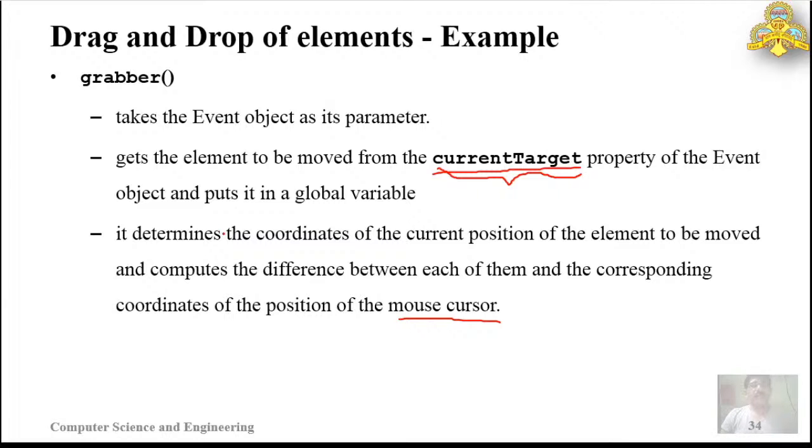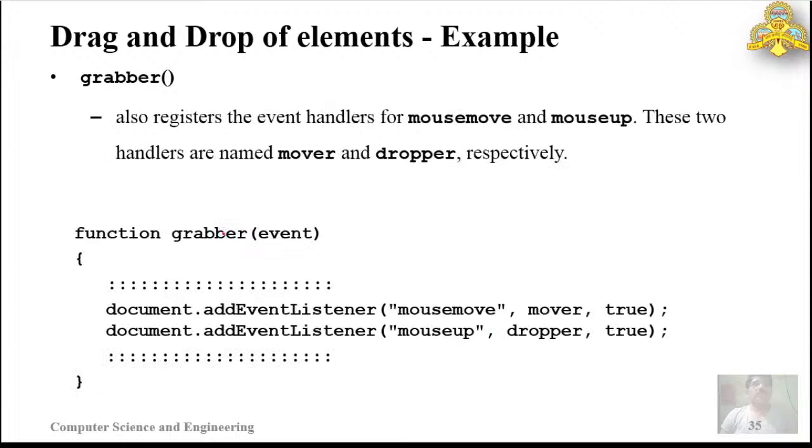And not only this, along with this it calls the mover function which changes the position of the element. So grabber has an additional task, that is it registers event handlers for the mouse move and mouse up events. For the document it adds event listeners by calling addEventListener, that is for mouse move.